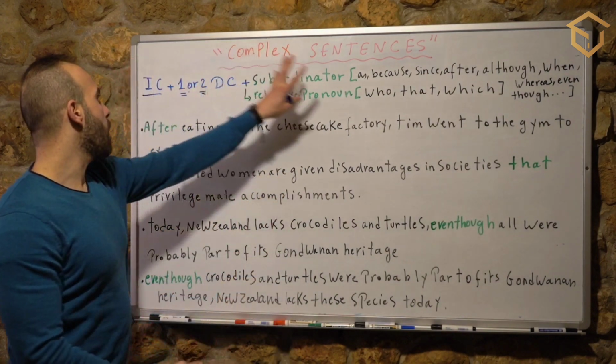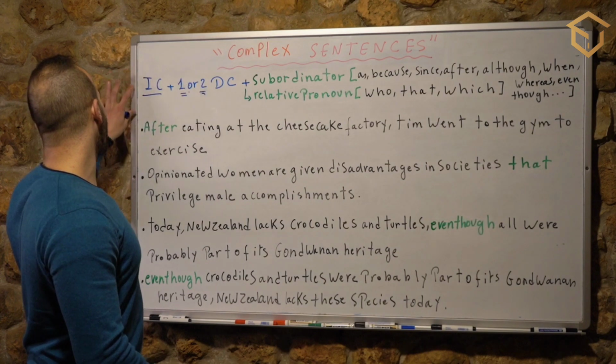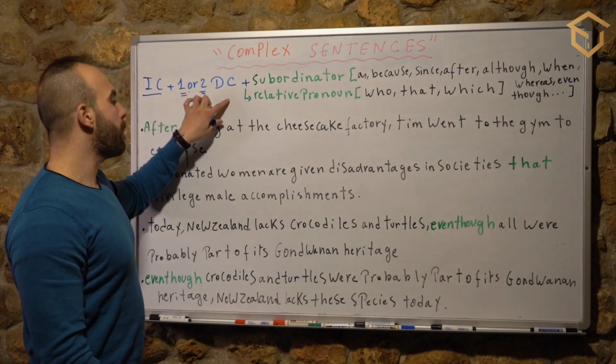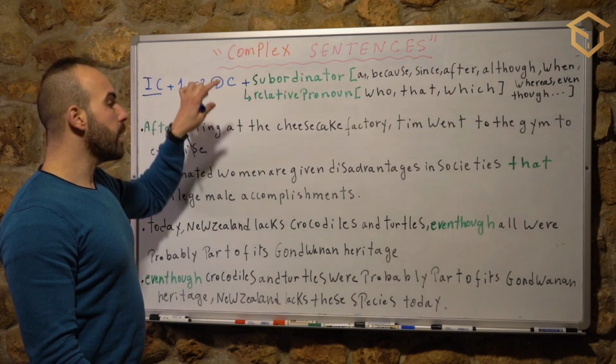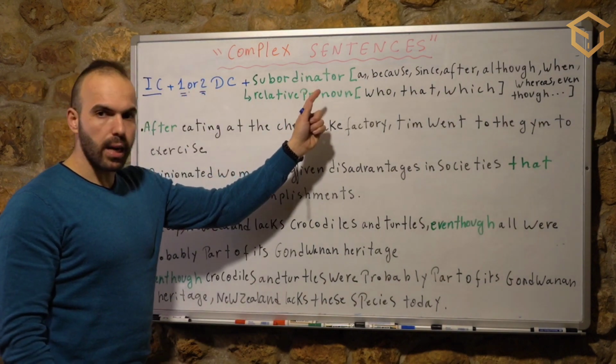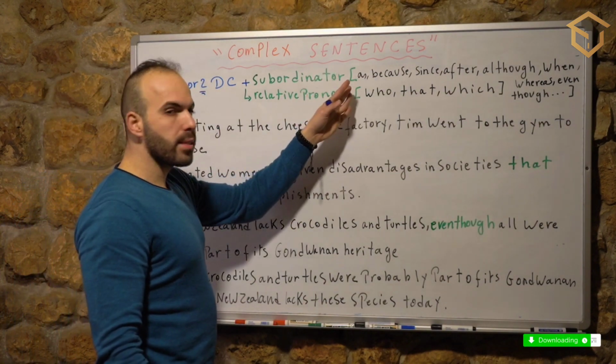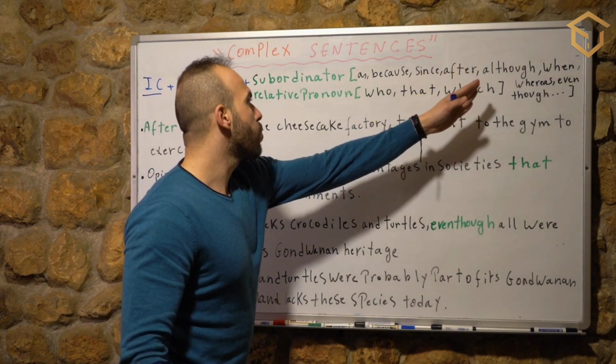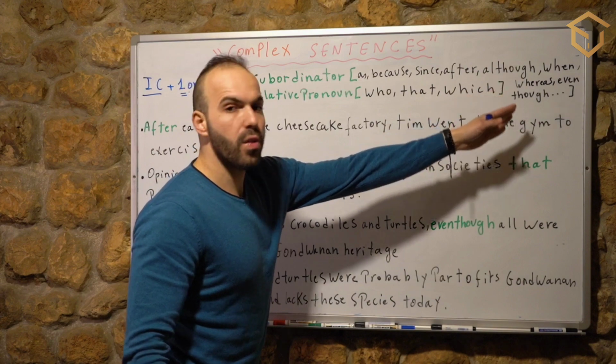So, a complex sentence consists of one independent clause plus one or two dependent clauses plus either a subordinator such as, because, since, after, although, when, whereas, even though.